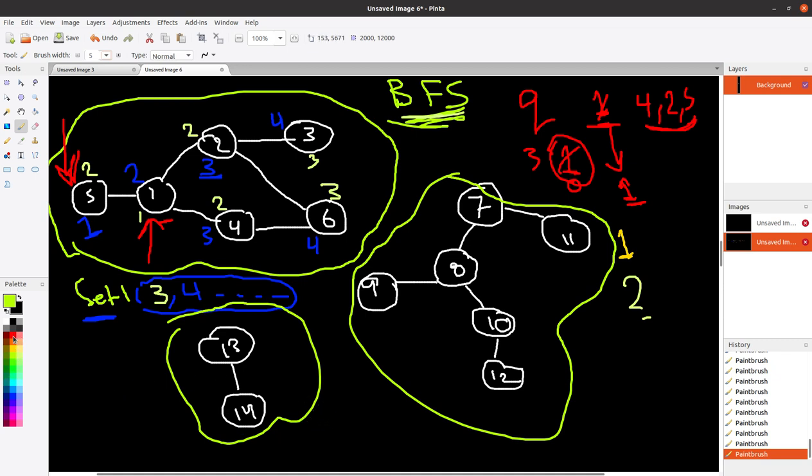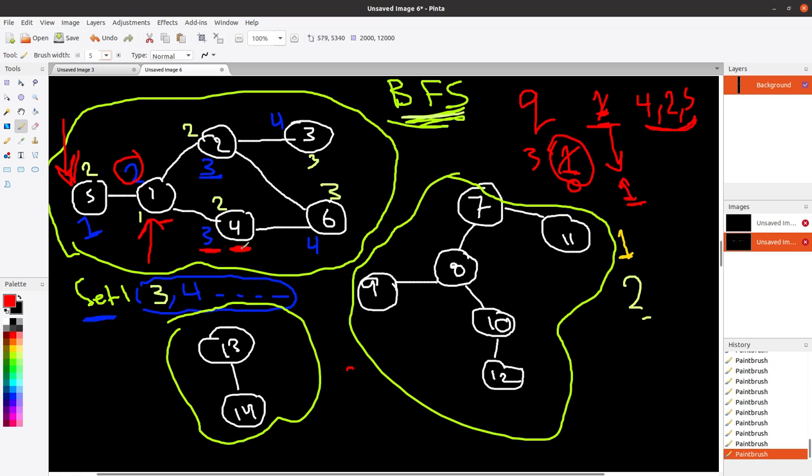And remember that when we are checking some node, after we assign it a group, imagine the last group number is 2. So for node 4 we will assign it group number 3.